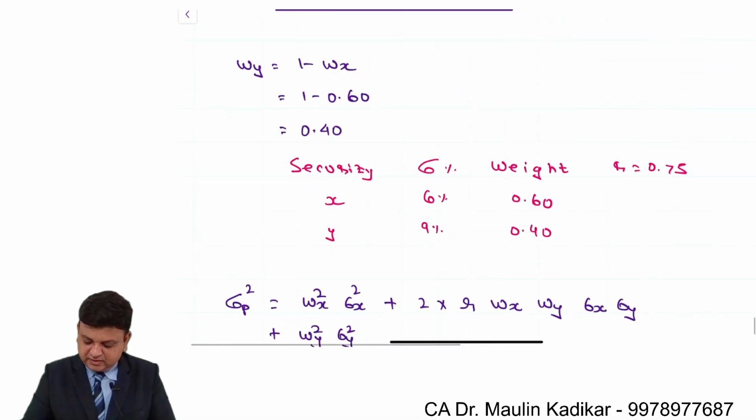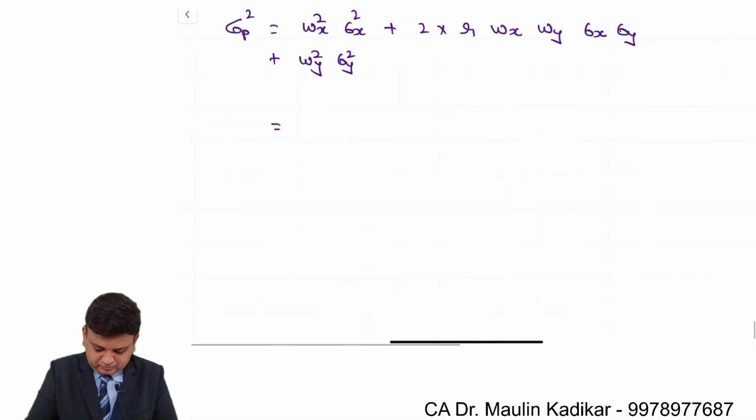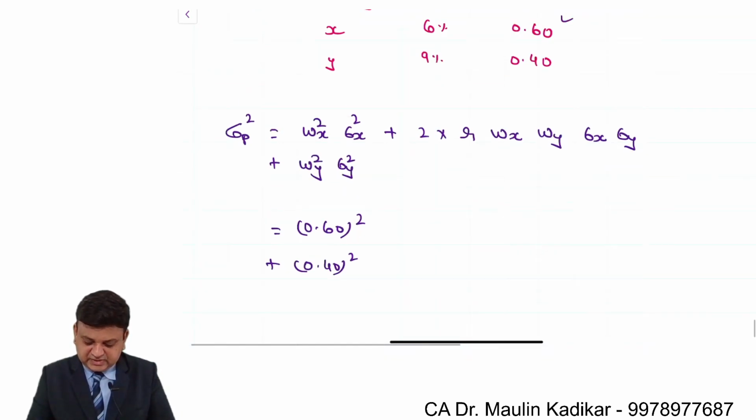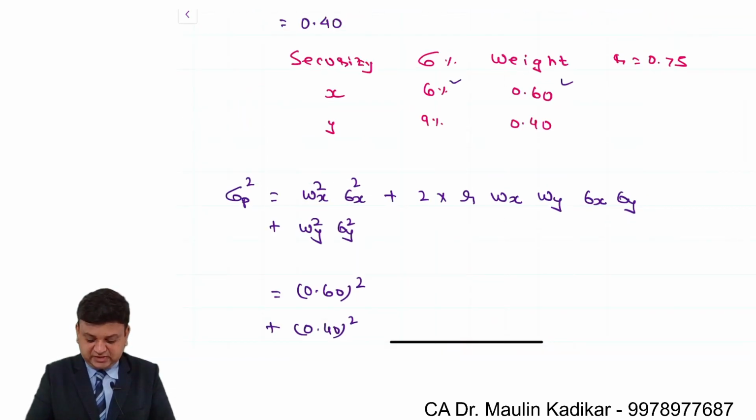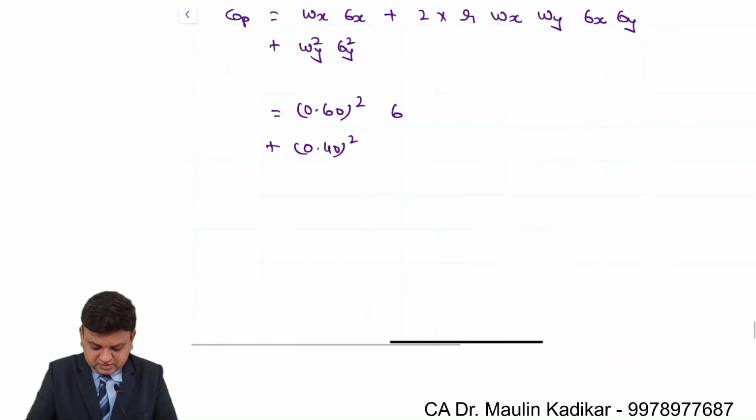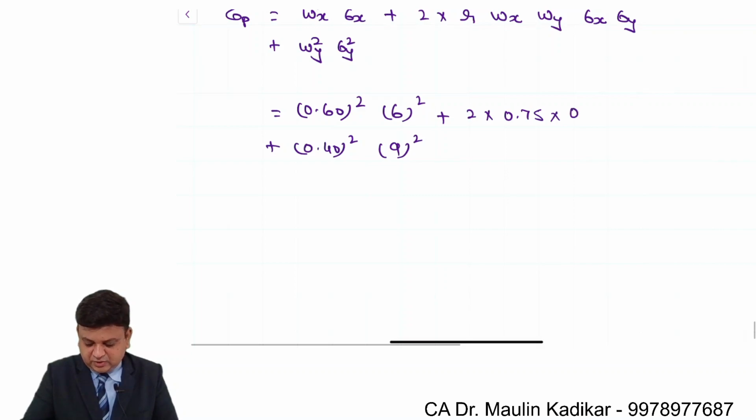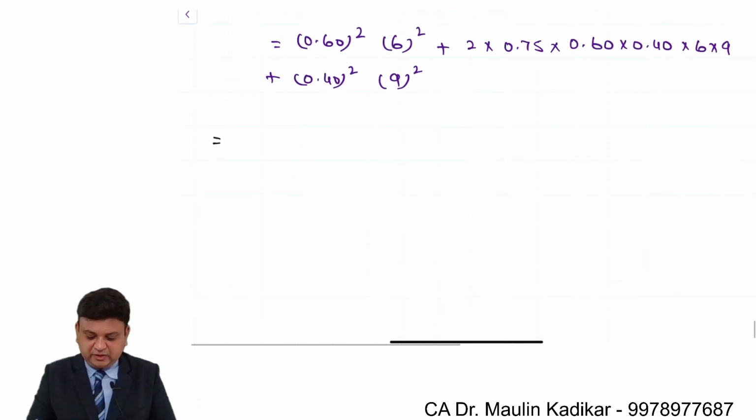Weight of X is 0.60 raised to 2. Weight of Y is 0.40 raised to 2. For security X the standard deviation is 6 and for Y it is 9, so 6 raised to 2 and 9 raised to 2. 2 into R is 0.75 into weight of X 0.6 into weight of Y 0.4 into standard deviation of X into standard deviation of Y.